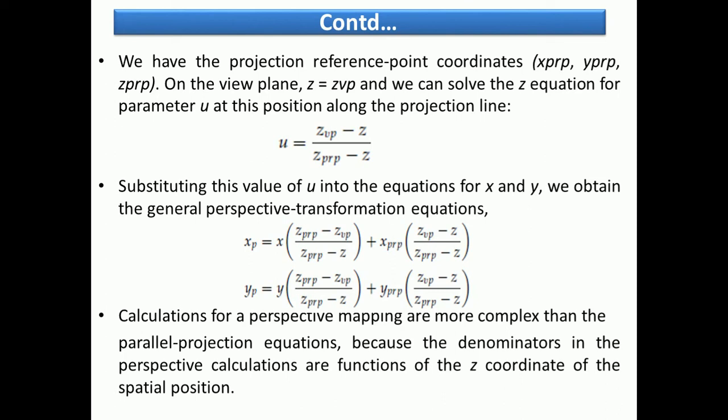Therefore, we need to formulate the perspective transformation procedures a little differently so that this mapping can be concatenated with the other viewing transformations. But first we take a look at some of the properties. That is, I'll discuss some special cases.